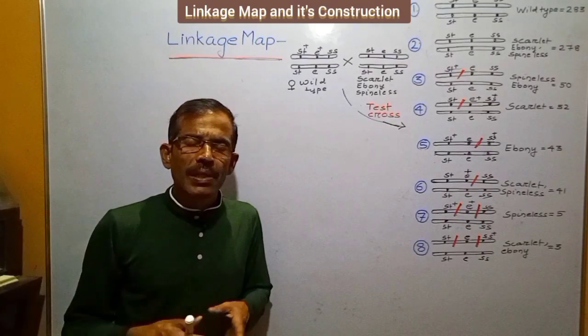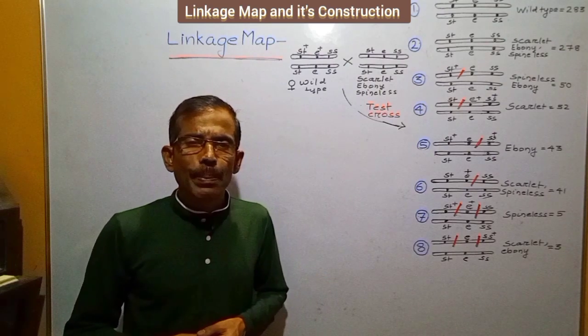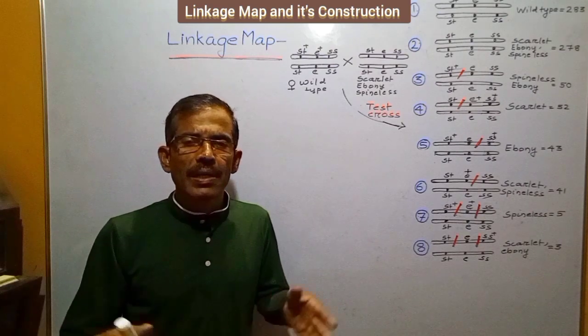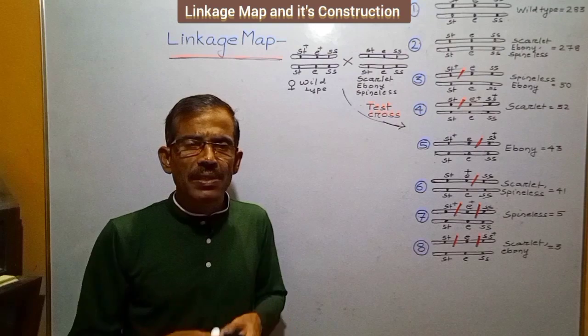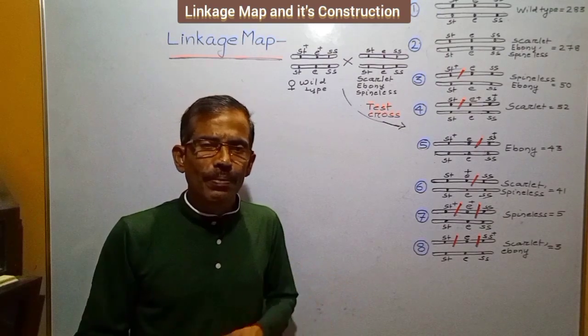Friends, today we shall discuss the linkage map. A linkage map is the condensed graphic representation of the relative distance between the genes and their order of arrangement within the genome.